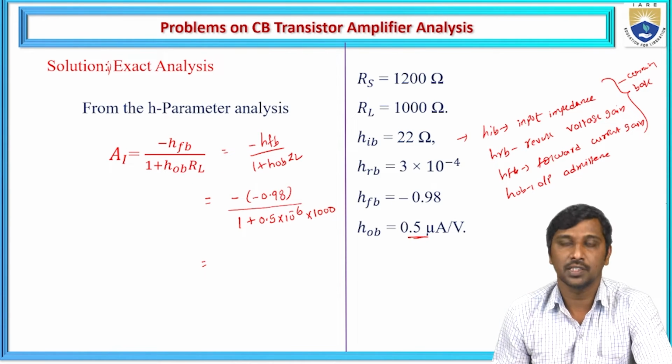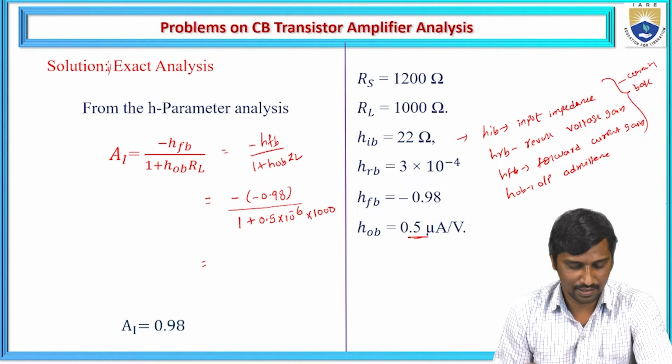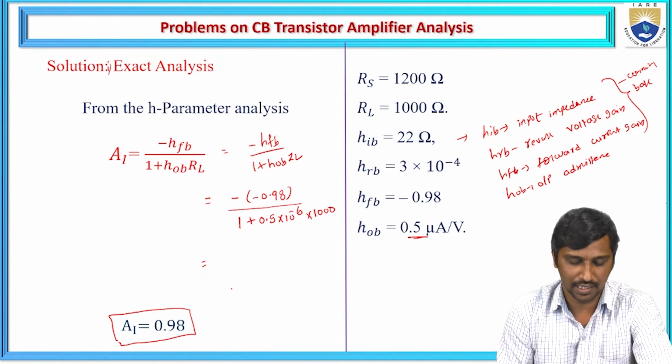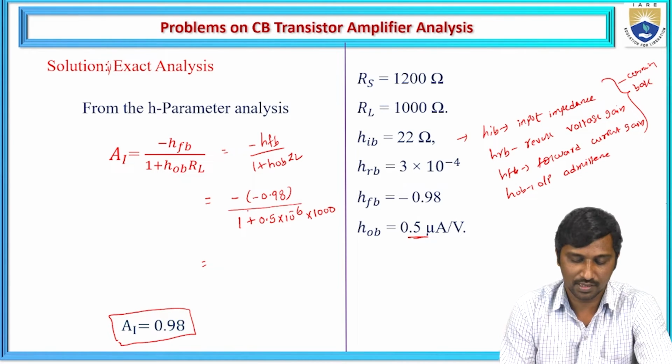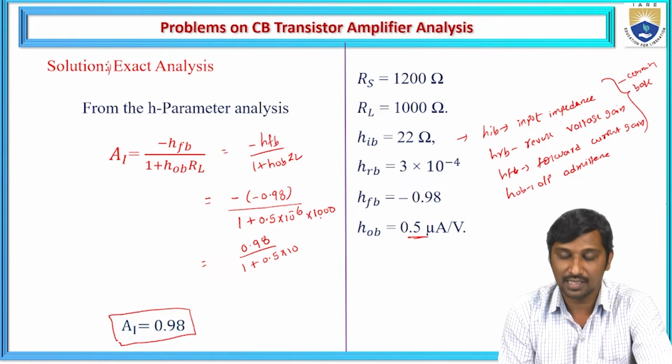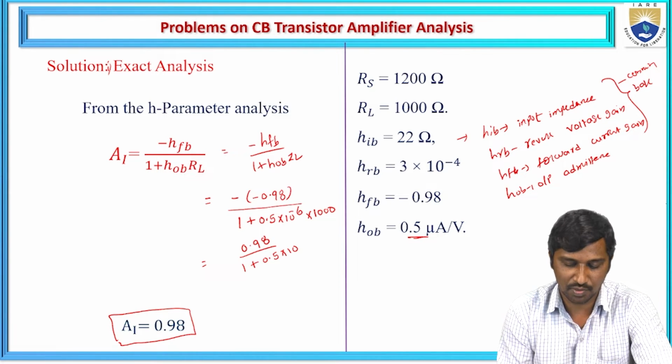While solving this, the current gain AI is equal to 0.98. This is minus of minus, which becomes 0.98 divided by 1 plus 0.5 into 10 to the power of minus 6 times 1000, meaning 10 to the power 3.